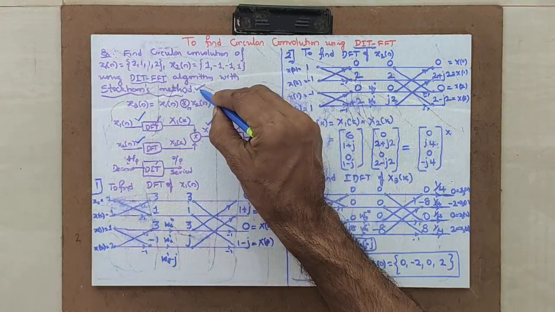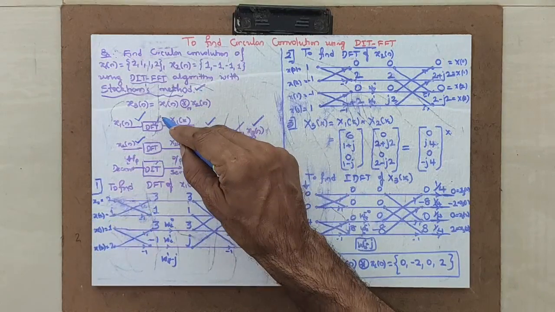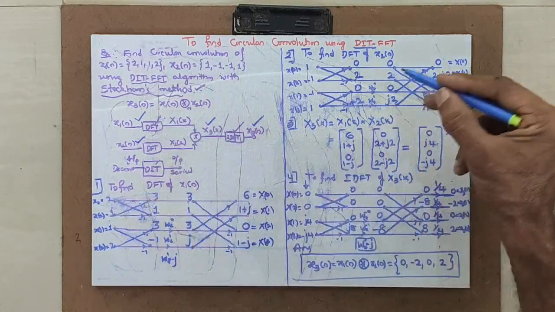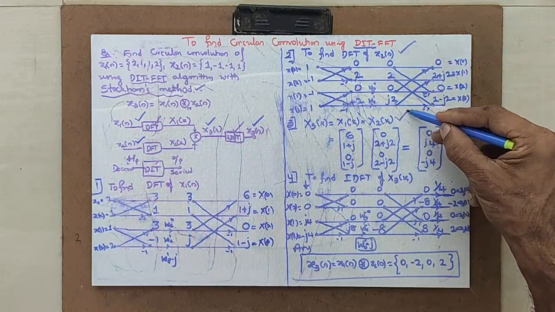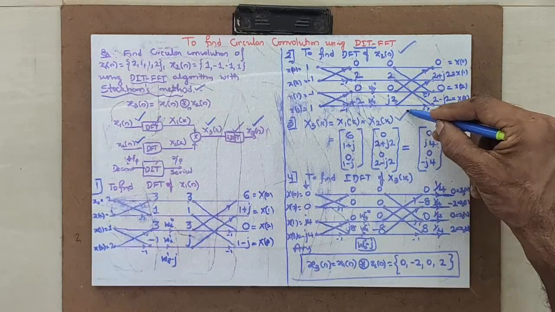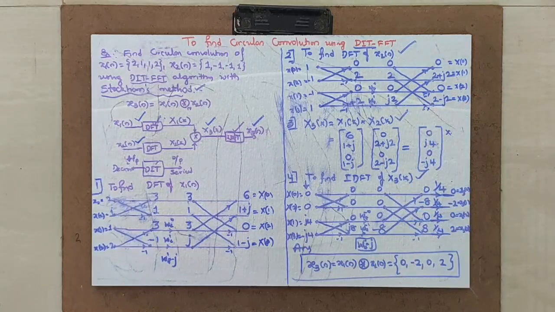I applied Stockham's method, which is nothing but finding out DFT of the first signal, first step, finding out DFT of the second signal, second step, multiplying both DFTs so as to get the third DFT, then finding out the IDFT, fourth step. Okay, these 4 steps you have to follow. Keep it in mind what you are supposed to do.